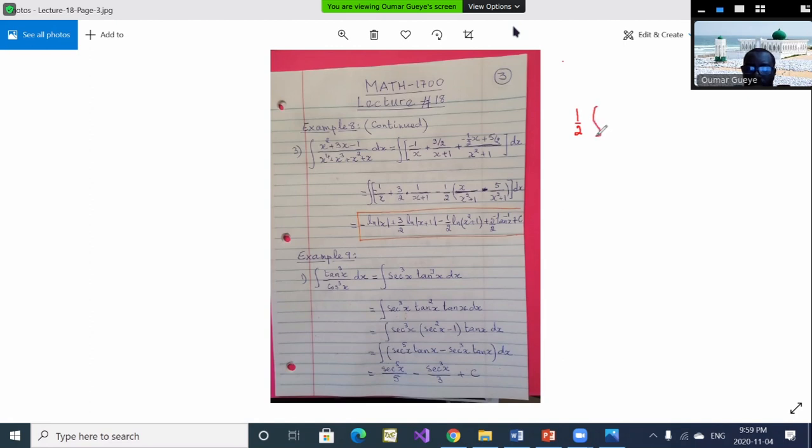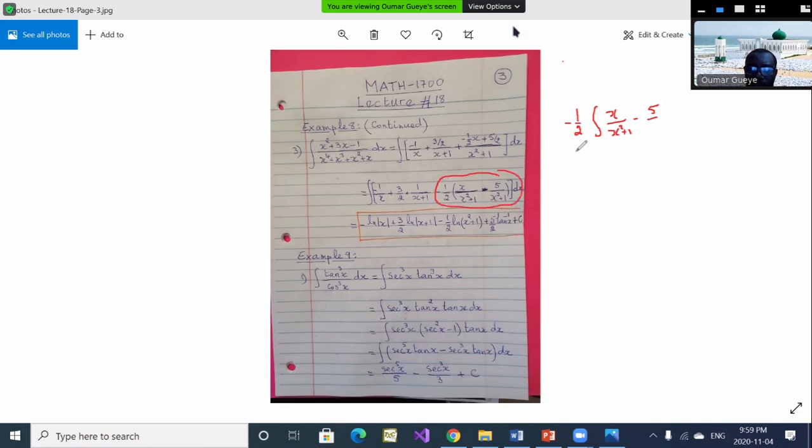You have the integral of x over the square root of x squared plus 1, and we have minus 5 over, I'm just doing this part here, the integral of this part. That's what I'm doing.